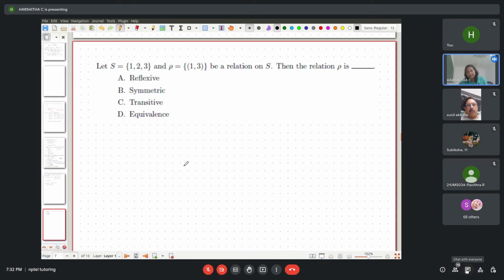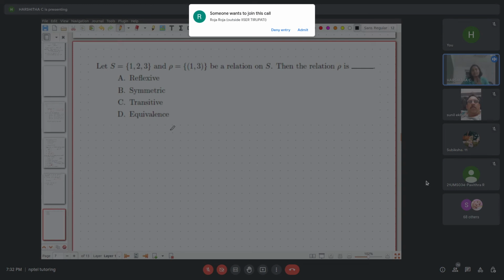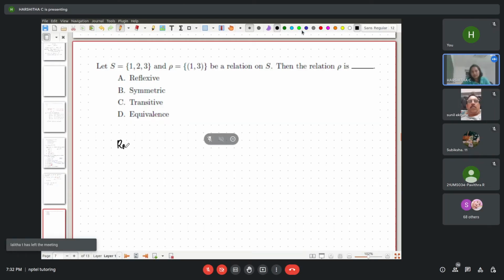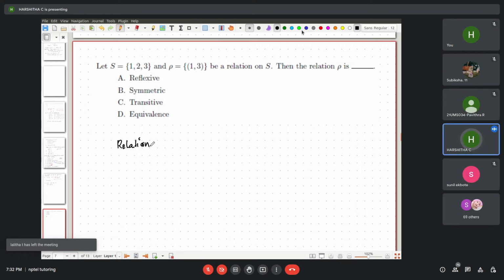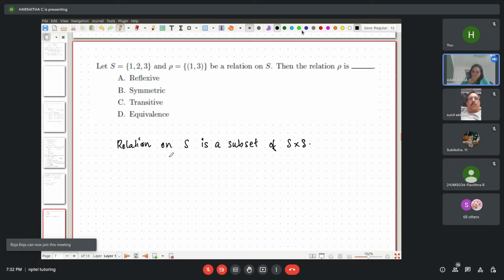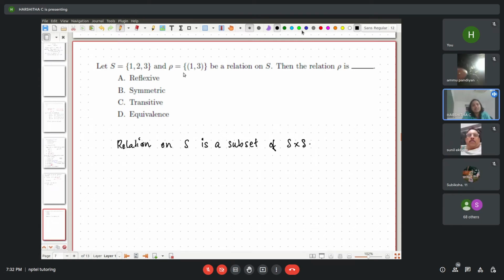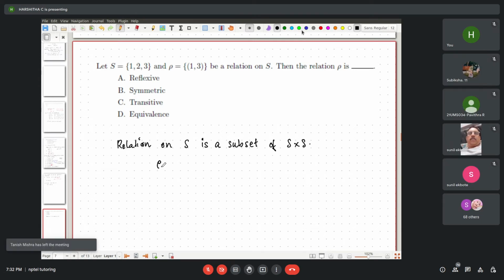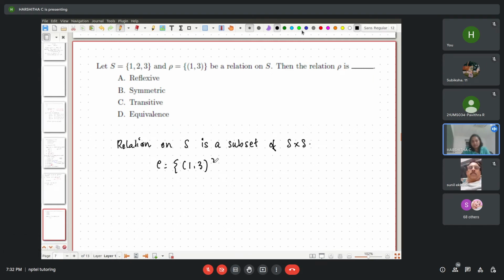So here we have a set S equal to {1, 2, 3}, and we have a relation on the set. Let's just recall, a relation on S is a subset of S cross S. Here the subset is given to be a singleton set, so rho is just this one element.